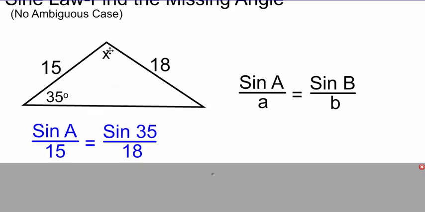The key here is to recognize I need to have one unknown value when I fill in my values here, when I do my substitution. If I use the x and an unknown length of y, I would end up with two unknowns. So instead, I'm going to use sine A. So essentially we'll call this corner over here the A that I don't yet know.